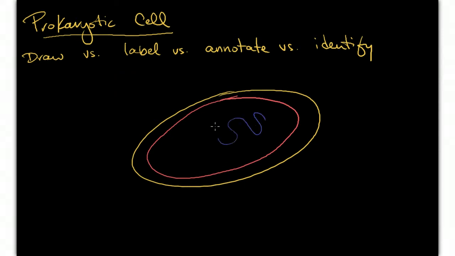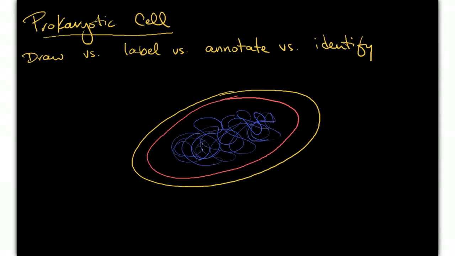It just needs to have the components that we need to be able to know and talk about and annotate. So what I've drawn here is the nucleoid region. Let's say that we've got, let's pick a good color here.